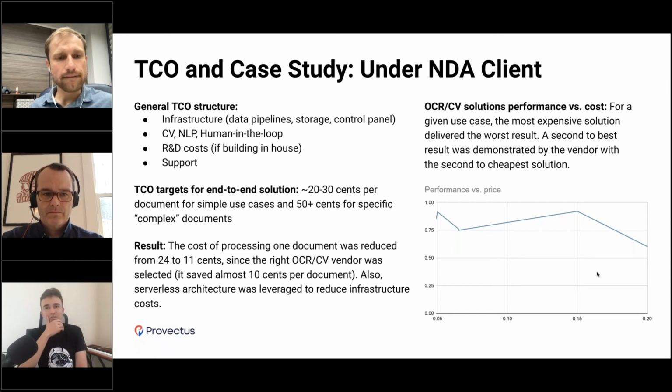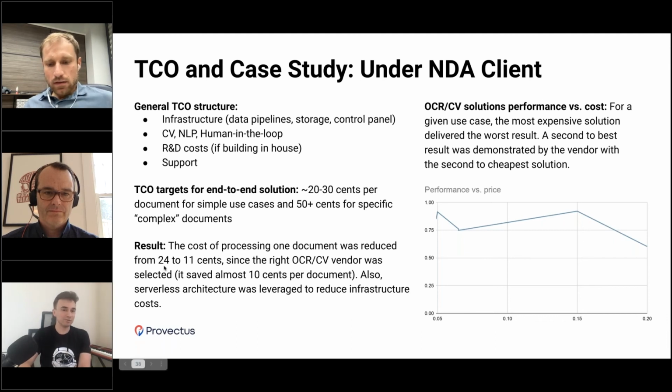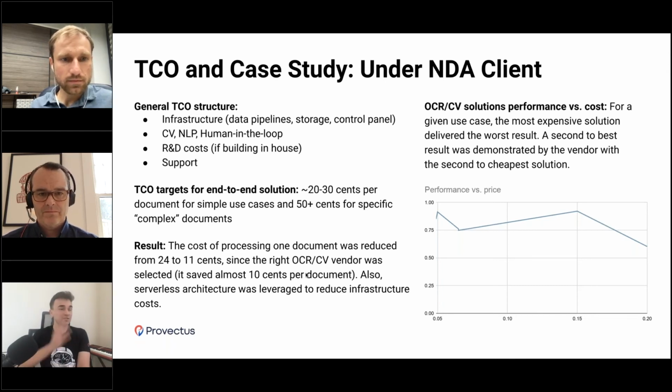As you can see, for this given use case, the most expensive solution delivered the worst result, and the second best solution was demonstrated by the vendor who was the second cheapest option to consider, which is a surprise. As a result of this exercise, the cost of processing the documents was reduced from 24 cents to 11 cents, because we chose the right computer vision and OCR vendor, which saves almost 10 cents. We also used serverless architecture to reduce the cost of infrastructure.